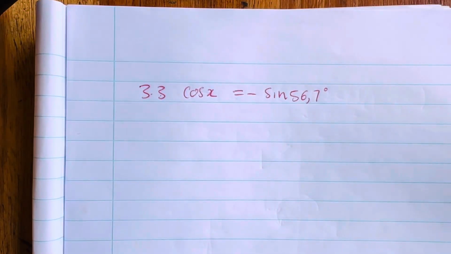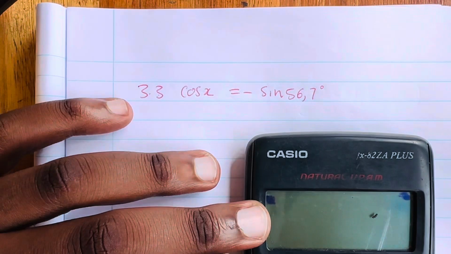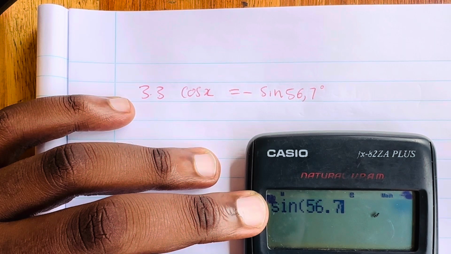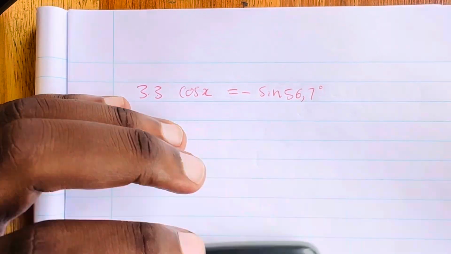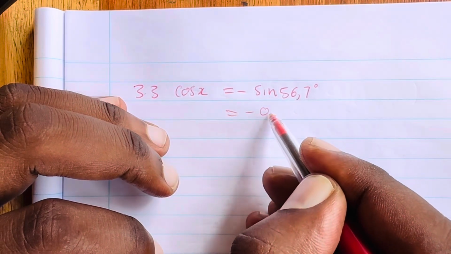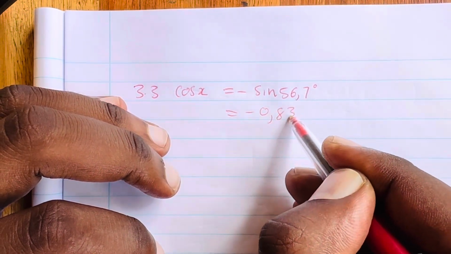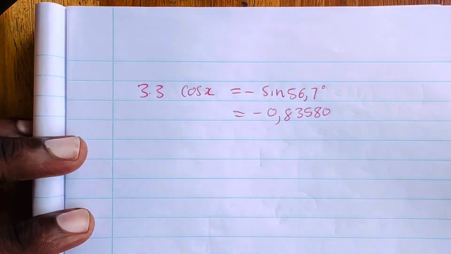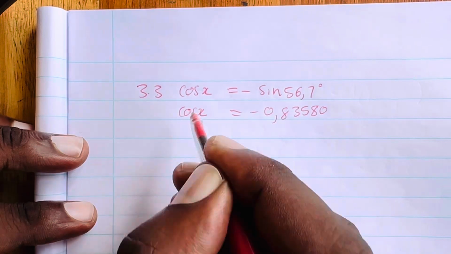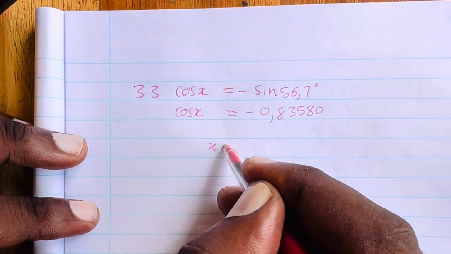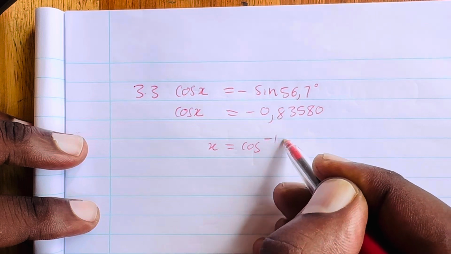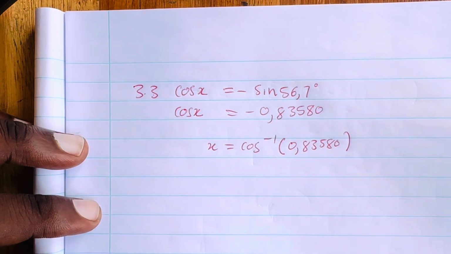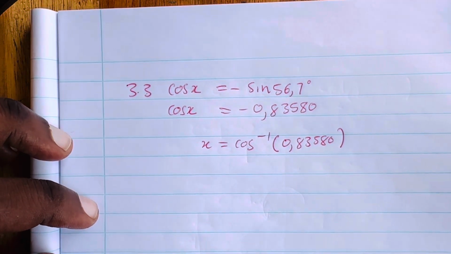The first thing we are going to do is determine the sine of 56,7, which is 0,83580. So we have cos of x, and then x is equal to cos arc of 0,83580. Remember, we only round off to the final answer.